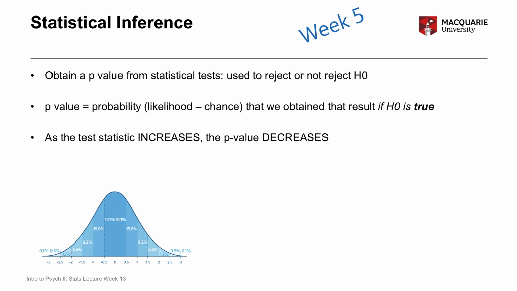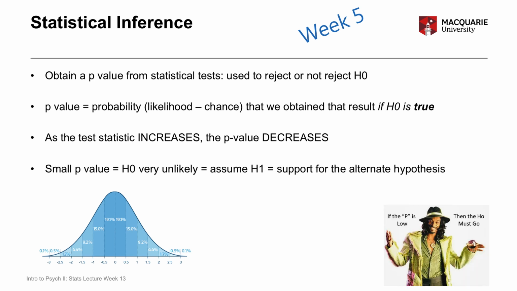So the bigger your test statistic, the smaller the p-value. So the bigger the value of t or the correlation or the chi-square, the smaller your p-value becomes. And a small p-value is saying that the null hypothesis is very unlikely to be true. The probability of it being true is very low.